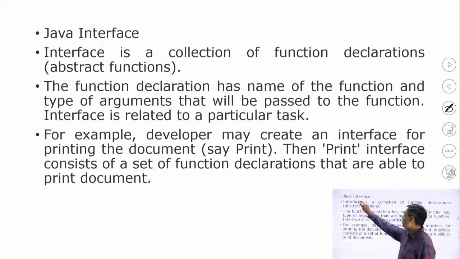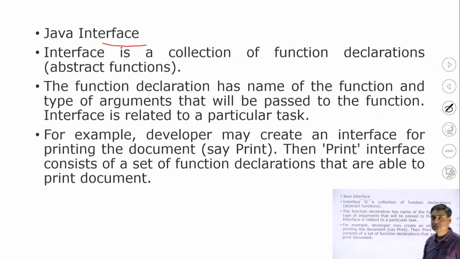Next topic is interface. What is the interface? An interface is basically a collection of abstract functions, or you can say function declarations. We are not defining any definition of the functions in the interface. Suppose you have the name of a function and you want to declare its definition later, then you can declare that function in the interface.